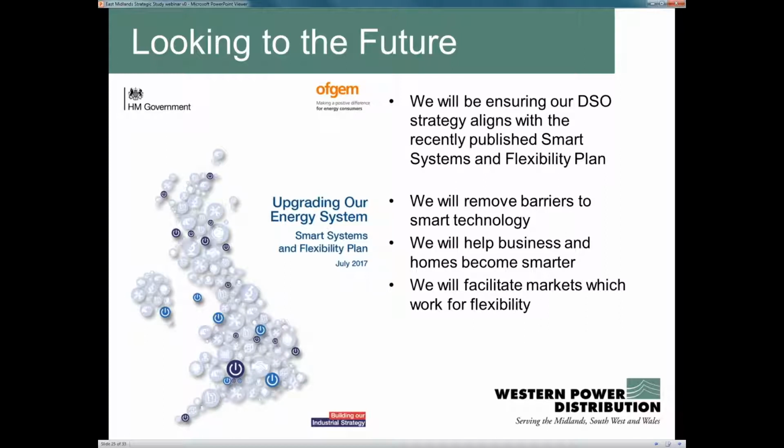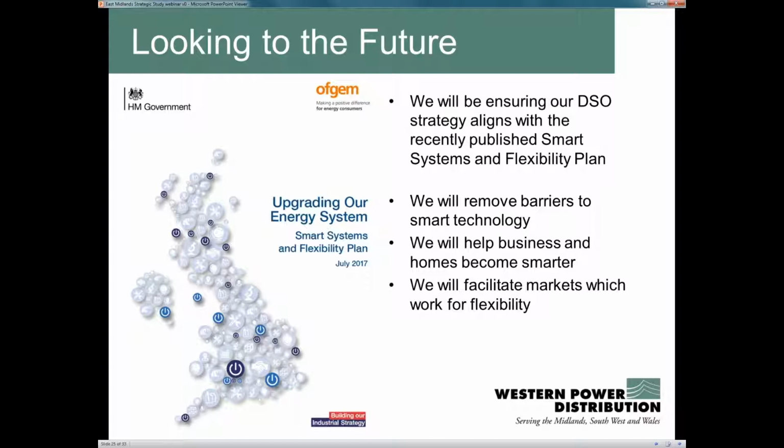Just recently this week, BEIS and Ofgem have delivered their Smart Systems and Flexibility Plan. This is very much a clear direction for how distribution network operators need to engage with the whole energy system and customers, and understand how we are going to be altering the way that we run our network and how we plan to run our network to accommodate future customer needs.